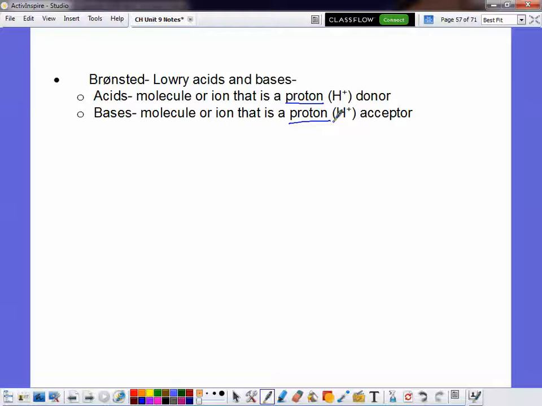So let's think about the hydrogen atom. How many protons does the hydrogen atom have? 1 proton. How many electrons does the neutral hydrogen atom have? 1. And on average, the majority of the isotopes of hydrogen have 0 neutrons. So most of the hydrogen atoms are just a proton surrounded by an electron.